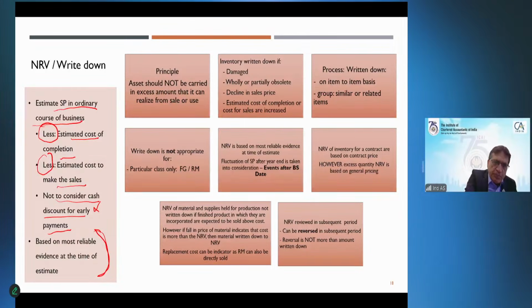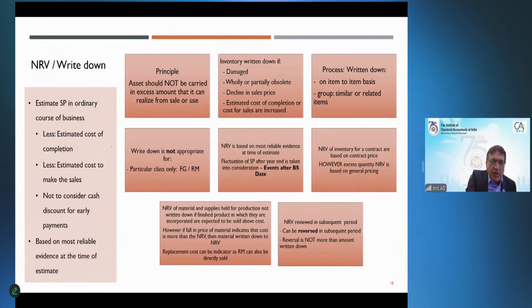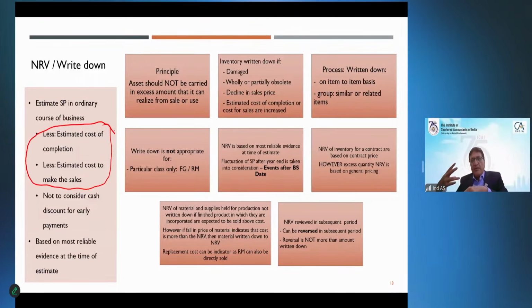These two items which are required for making the sale are reduced from the selling price, and that gives me the amount that I will be able to recover.